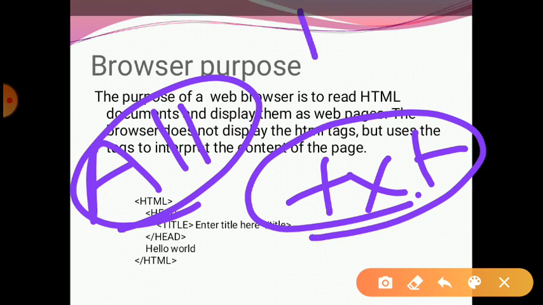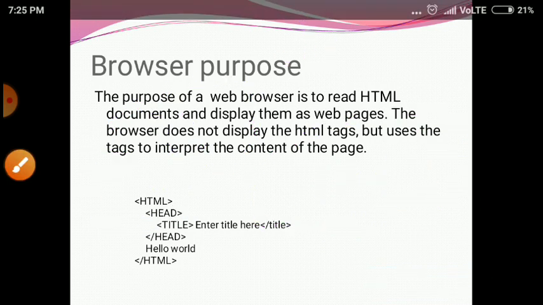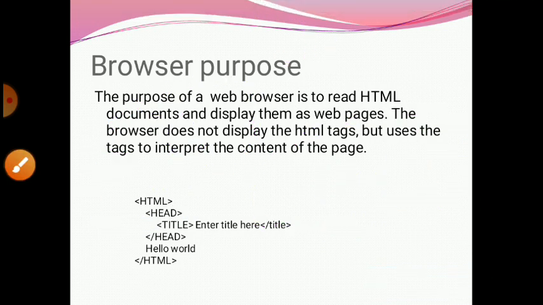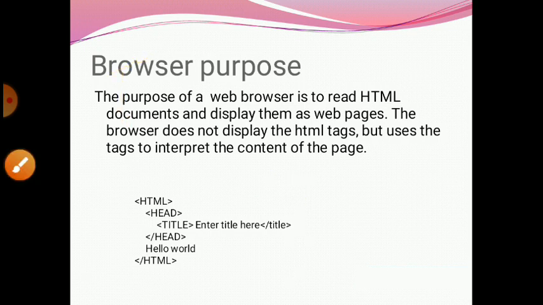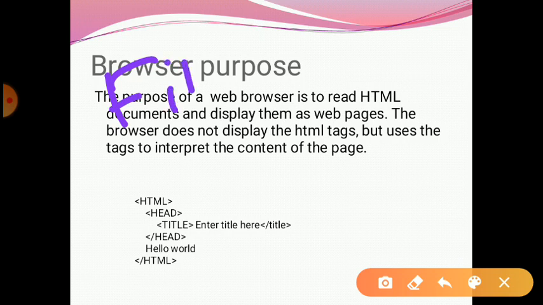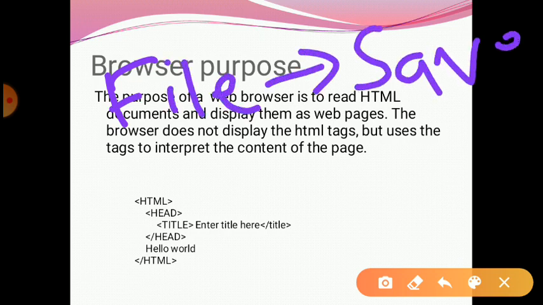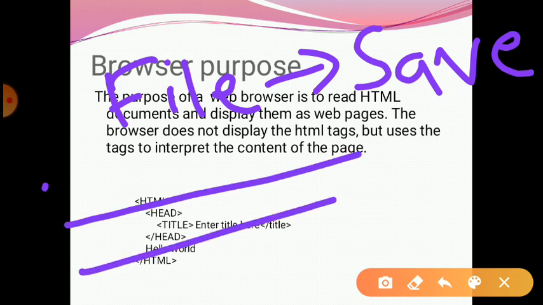Okay, again I repeat, if we save our HTML file, first we write the code in Notepad, then we go to the File menu. In the File menu there is a Save option, and we click it. There are two options there. The first one is the file name.